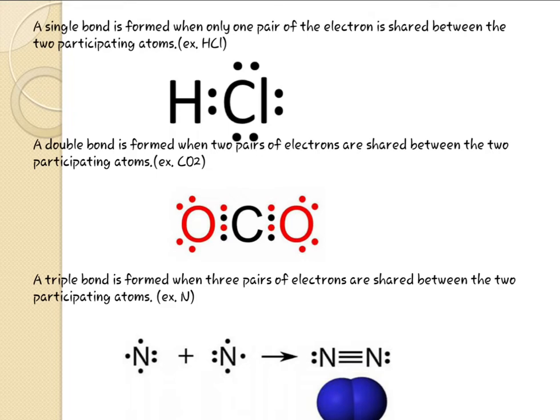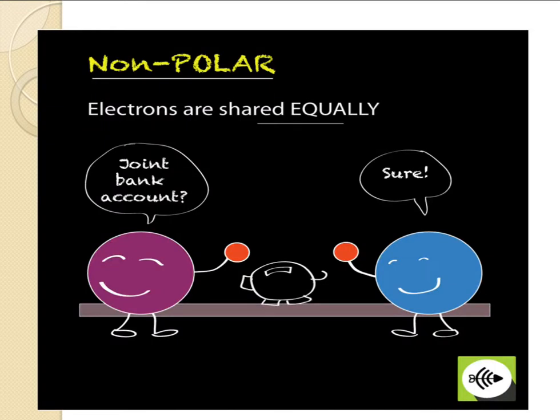In the case of nitrogen, three pairs of electrons are shared between two nitrogen atoms, so it is called a triple bond. Here we have to know what polar and non-polar atoms are.